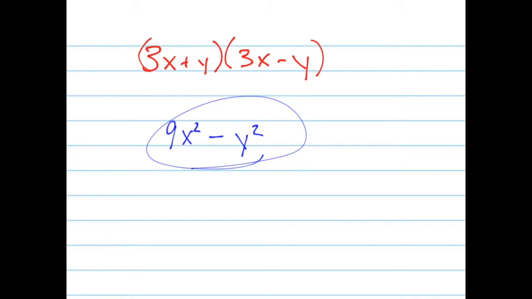Now, here's where this comes in super handy. 26 times 34 is 884. You know how I know? Let's think about this. What's halfway between 26 and 34? 30. 26 is 30 minus 4.